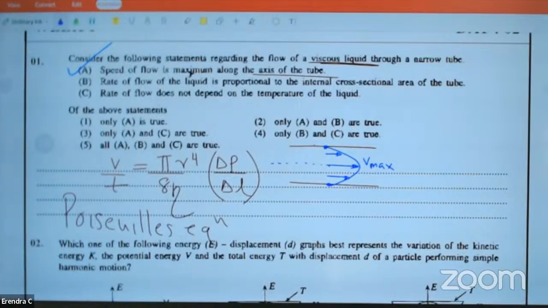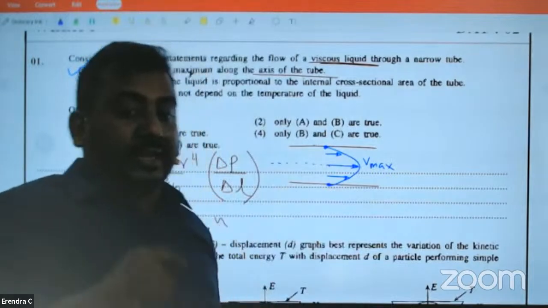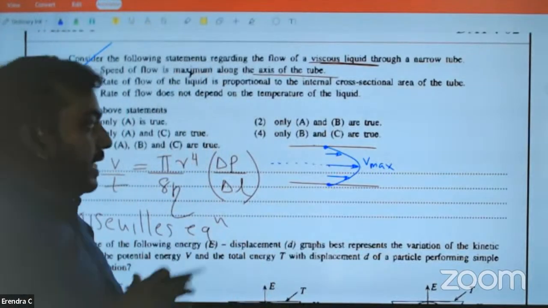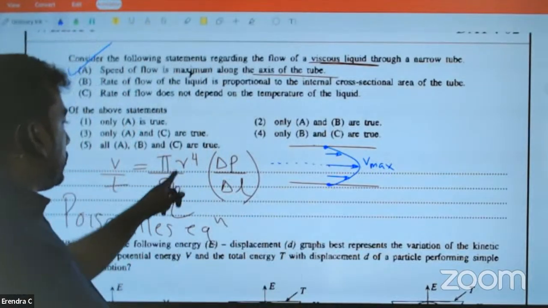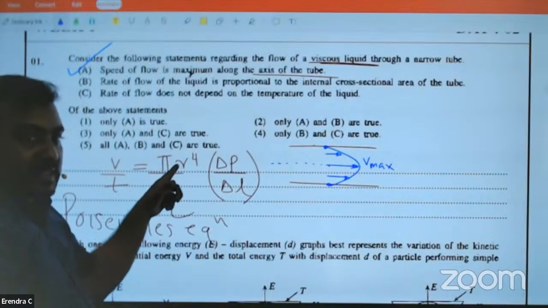Now look. Second statement: rate of flow of liquid is proportional to the internal cross-sectional area. Now I know some of you are very tempted to look at this and say, sir, area, pi r squared.